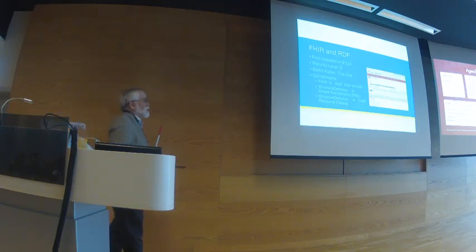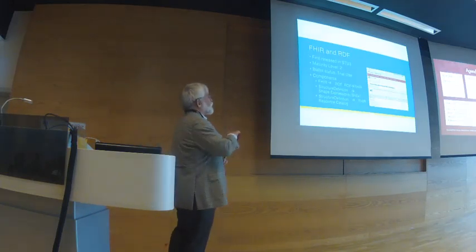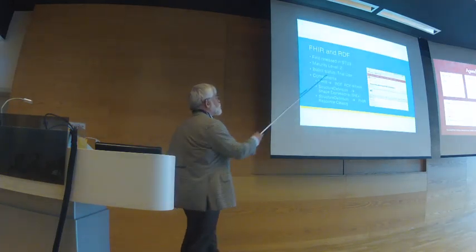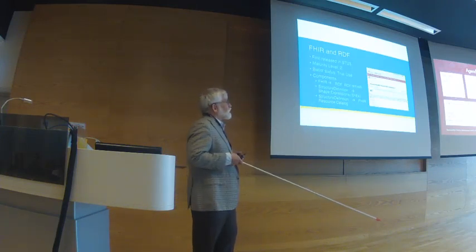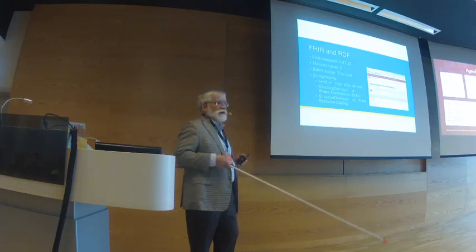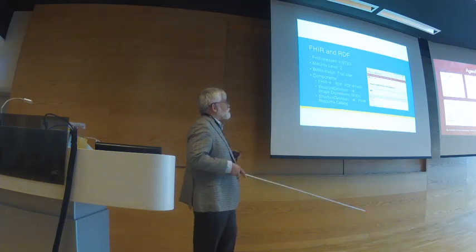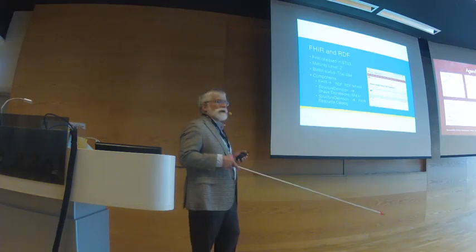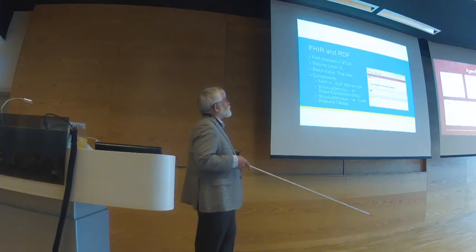What it's got in it is how to represent FHIR in RDF and the reverse. It's got a package in there that converts the FHIR metamodel into shape expressions. Because if you go out to the FHIR website, for the XML, they have a combination of XML schema and schematron that defines fairly precisely what the XML has to look like.